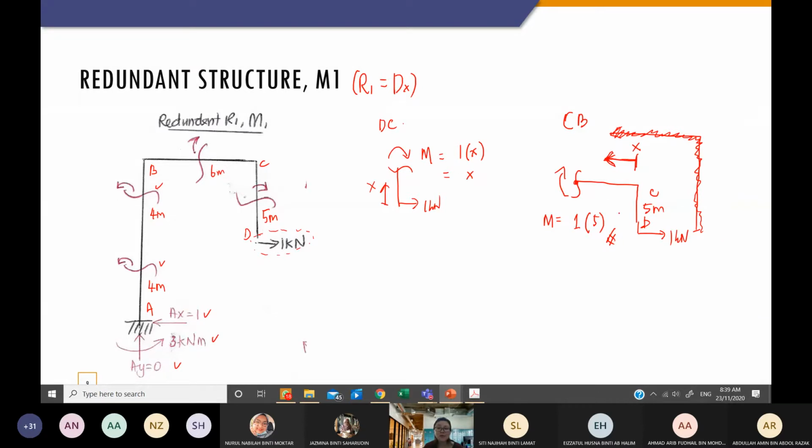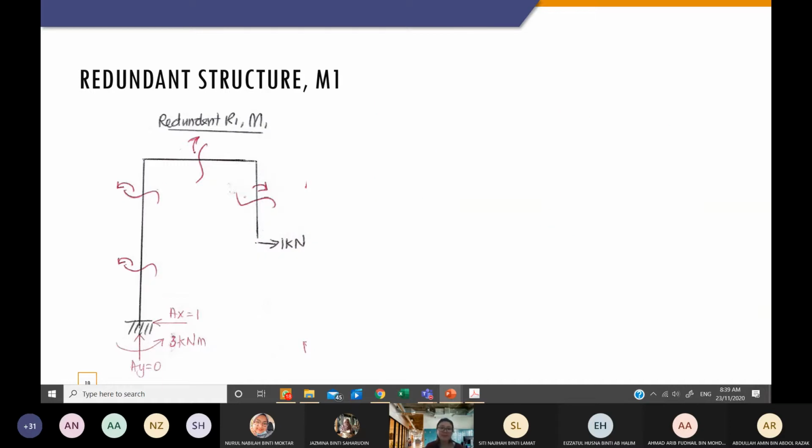So this is how you get your moment done. Okay, so when you practice more, you might skip drawing this free body diagram and directly put it in your table. Okay, so let us try section AB. For section AB, I have 4 meter and 4 meter. And you will find that you no need to do these two cut sections because there is no difference in terms of loading.